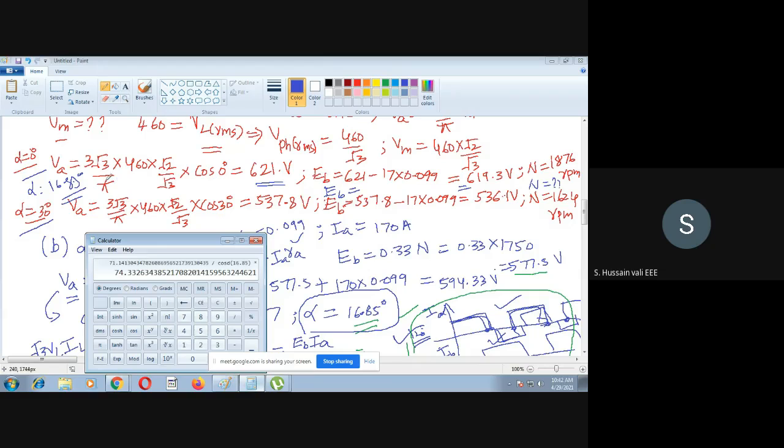What is the remaining factor? 3 root 3 by pi into Vm, which is 621. As of now we have been doing this, there is no doubt in that.